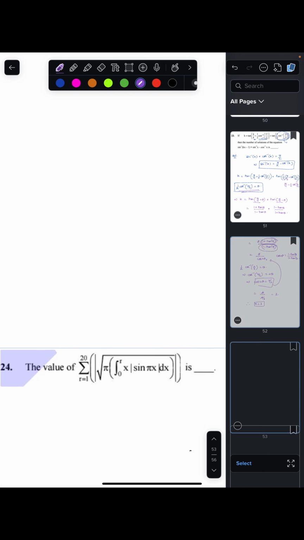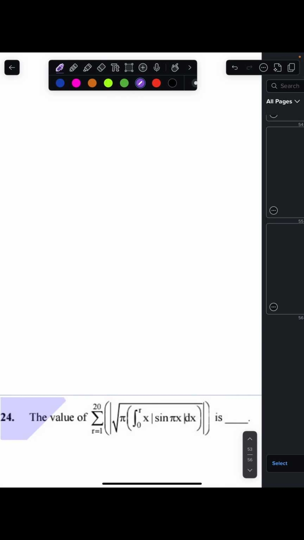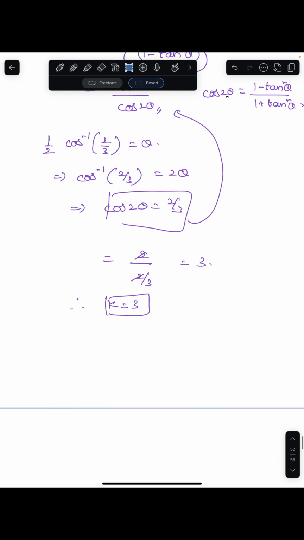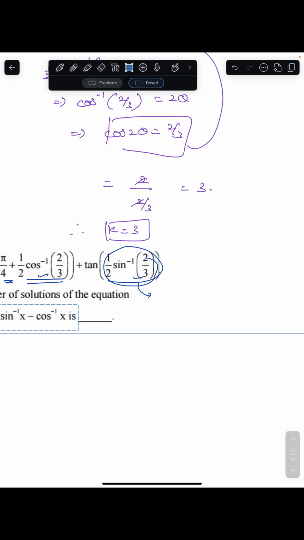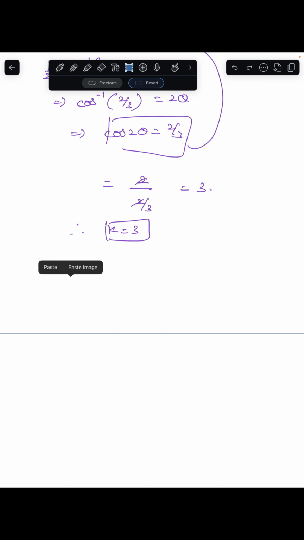Now, after finding the k value, we need to solve this equation, right? So what is given here? Sine inverse of kx minus 1.